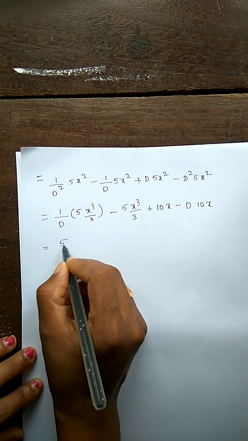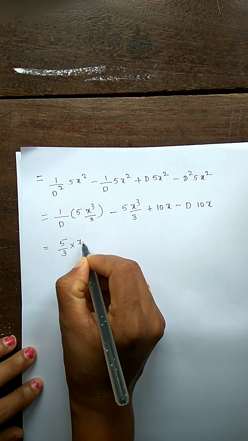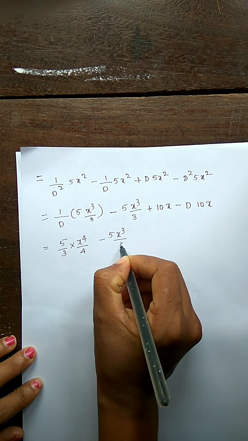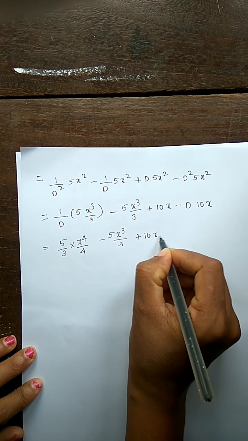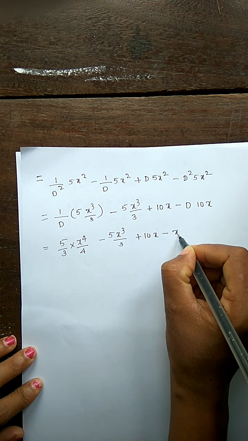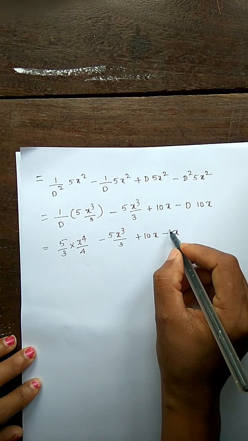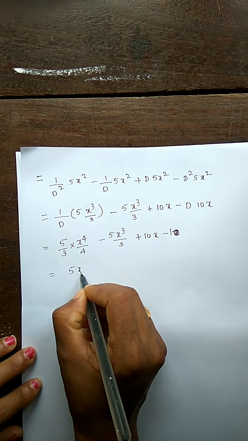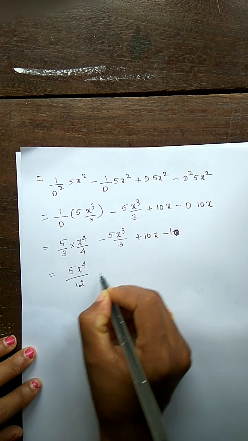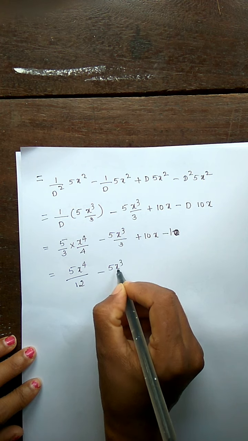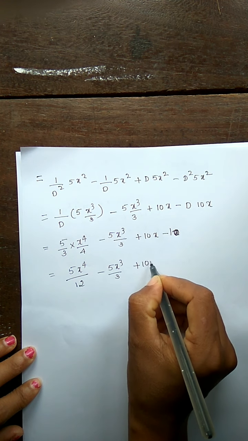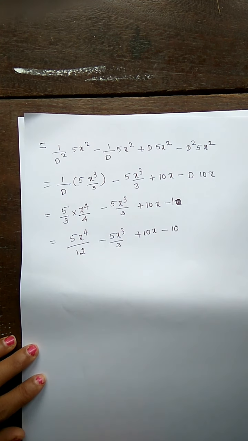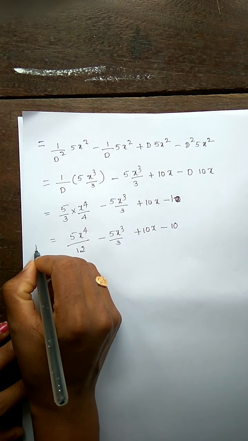So that is 5 by 3, it is already there, x power 4 by 4 minus 5x cube by 3 plus 10x minus derivative of 10x is minus 10. So that is equal to 5x power 4 by 12 minus 5x cube by 3 plus 10x minus 10. So that is the particular integral for the first part.